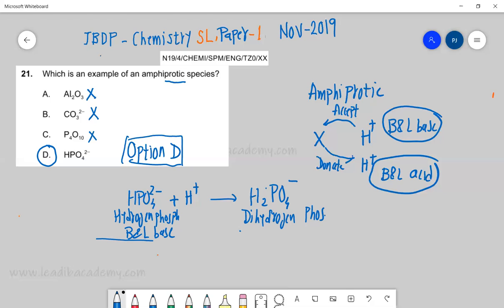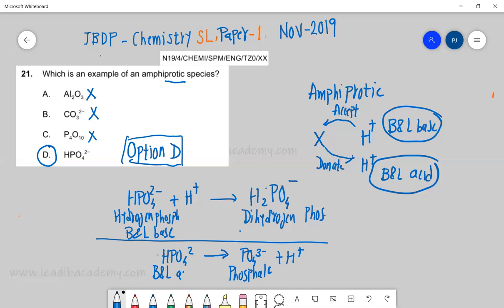Now let's analyze how it acts like an acid. HPO4 2 minus gives away the proton, it is donating, and we will get PO4 3 minus and H plus. PO4 3 minus is the phosphate ion. In this case, it is acting like a BNL acid, Bronsted and Lowry acid.